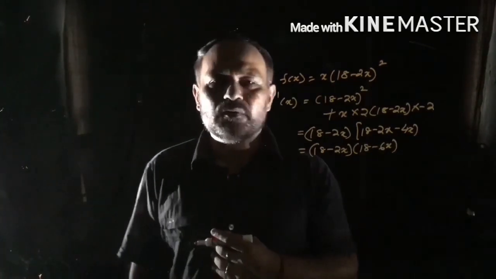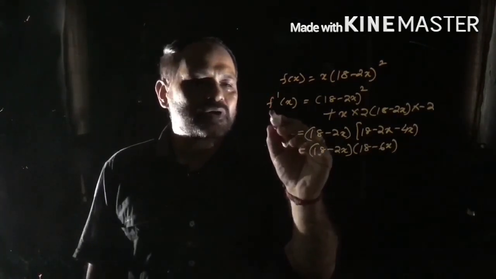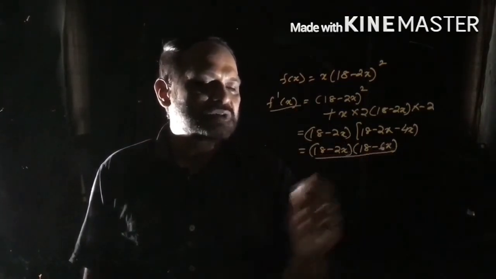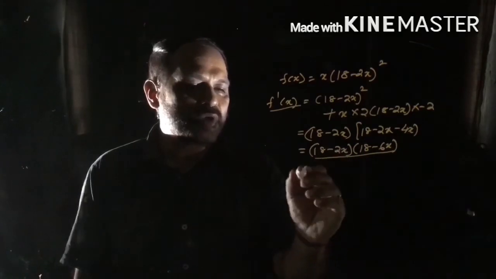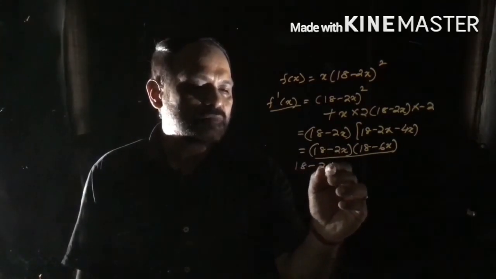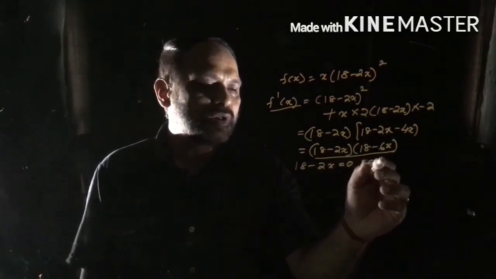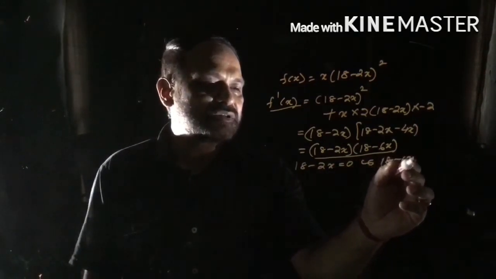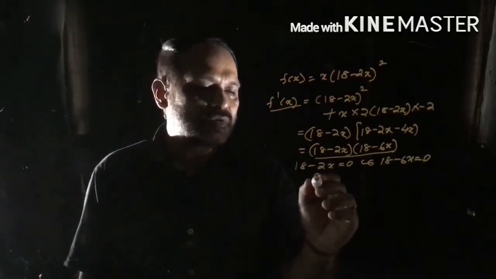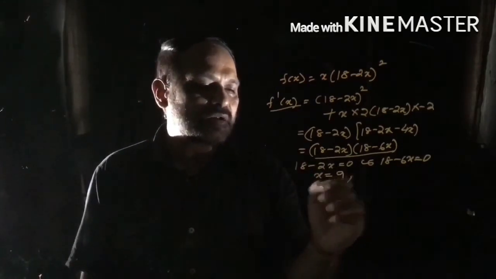To find out the extremum point, we consider f dash x is equal to 0. Means these two factors are 0. Therefore, we get 18 minus 2x is equal to 0 or 18 minus 6x is equal to 0. If 18 minus 2x is equal to 0, then x is equal to 9.